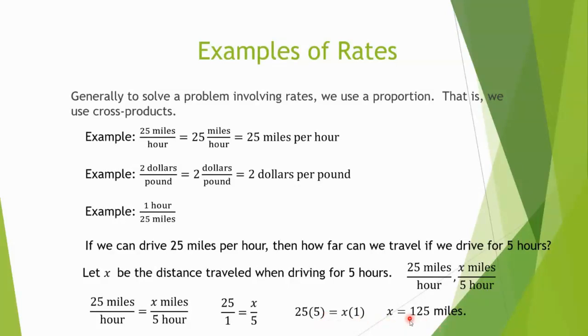I wouldn't take points off if you left the unknown on the right side, but really, it's better to have it on the left side. But if you wrote 125 equals x, that's fine. So if we drive for 5 hours, we drive a distance of 125 miles.